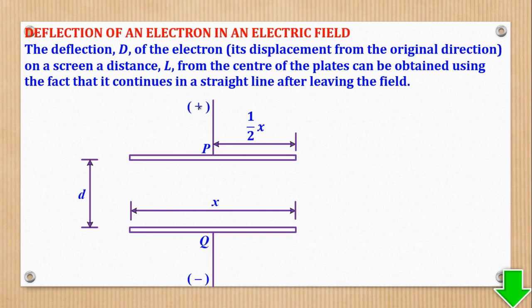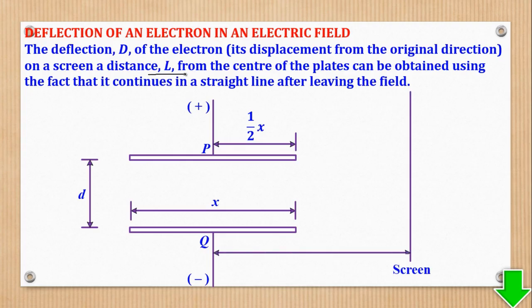So these are the connections to the terminals of a PD supply. And this will be the screen. They say the screen is located at distance capital L from the center. That is why this capital L is from this midpoint of the plate up to the screen. Okay, so always remember that capital L is from the center.